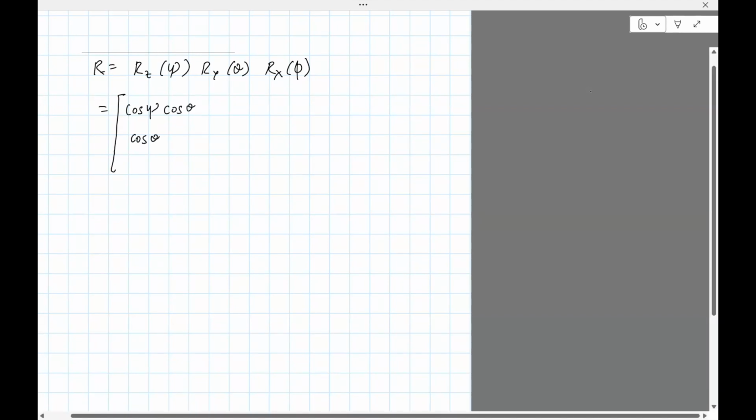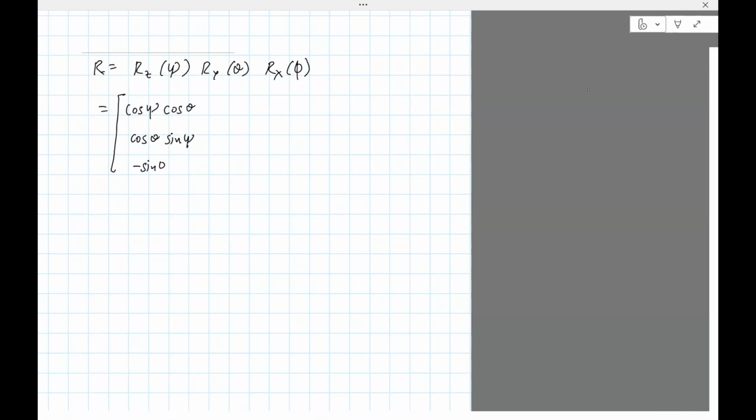Cosine theta, sine psi, minus sine theta. So this is my column 1.